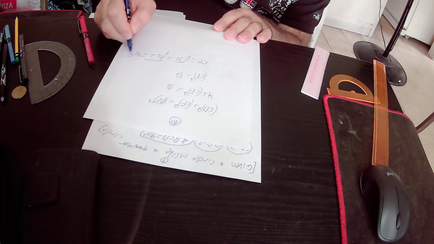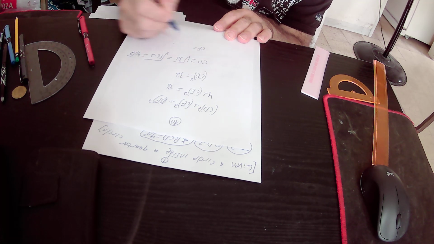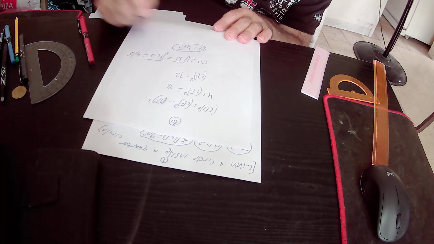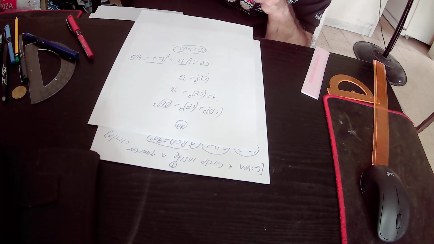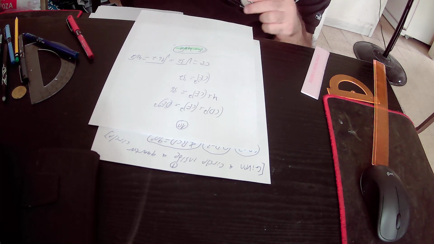So in total we got that CE equals 4 times root 2.